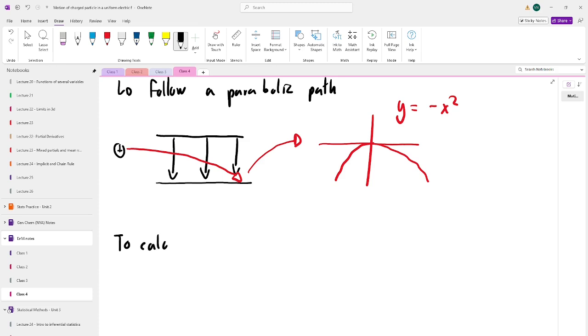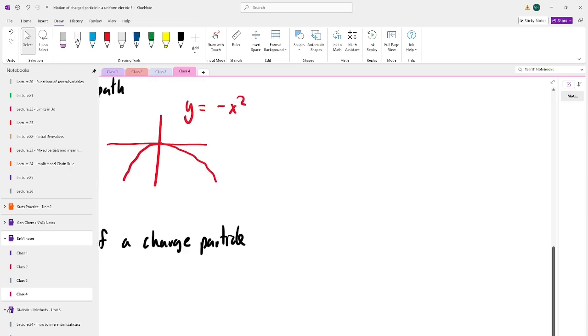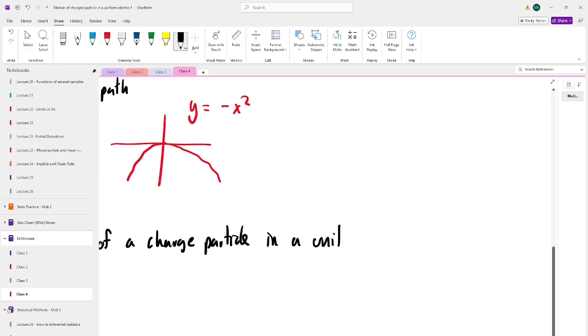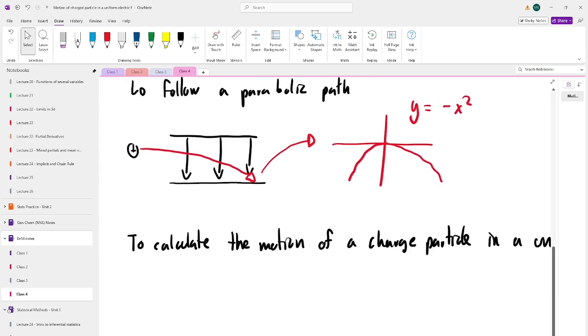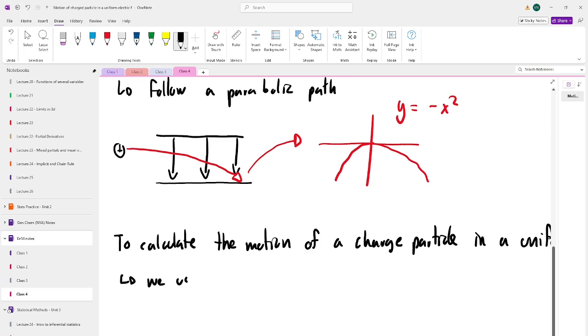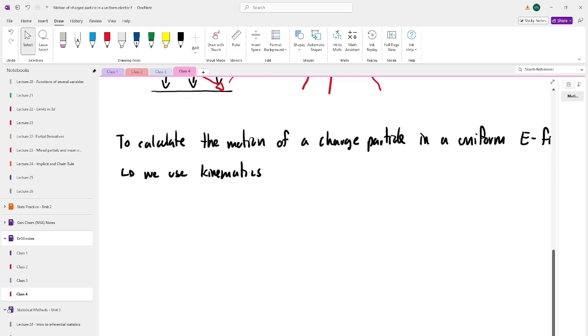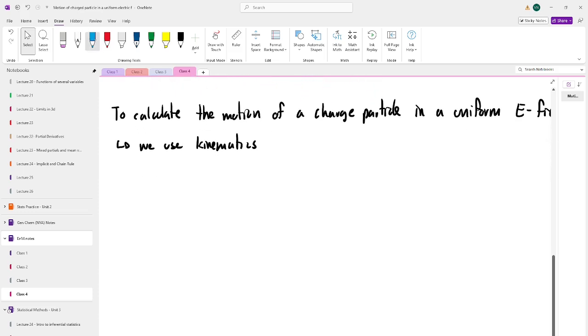To calculate the motion of a charged particle in a uniform E field, we use kinematics. So now let's name our kinematic equations, I guess. So kinematics.